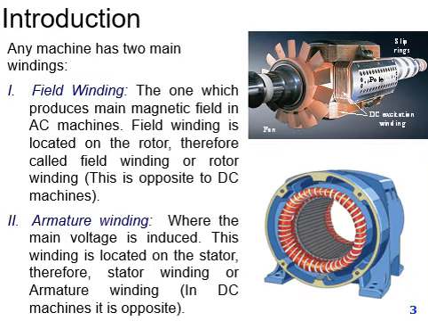And any machine has two main windings. One is the field winding, the one which produces the main magnetic field in AC machines. Therefore, since the field winding is located on the rotor, it's also called the rotor winding.